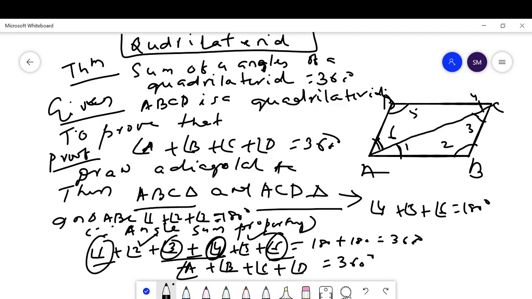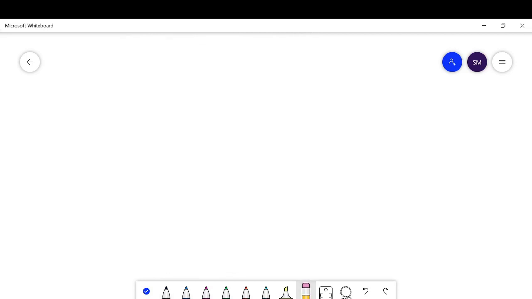Then we prove that the sum of four angles in a quadrilateral is 360 degrees. Here angle A plus angle B plus angle C plus angle D is equal to 360 degrees. Hence proved, Theorem 1.